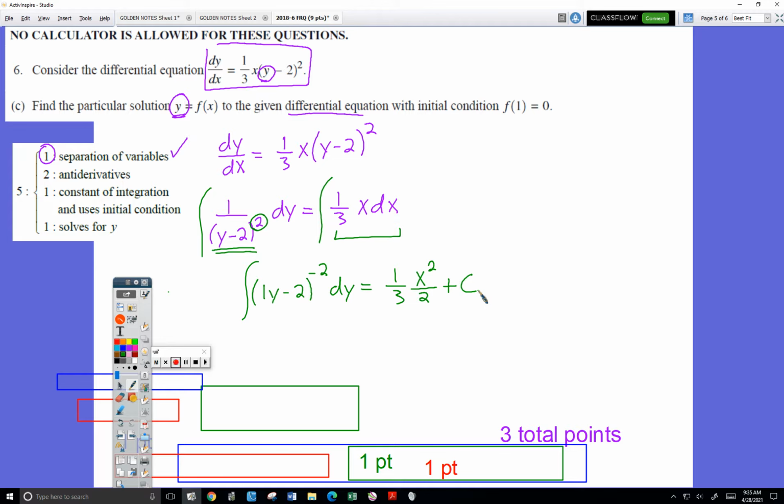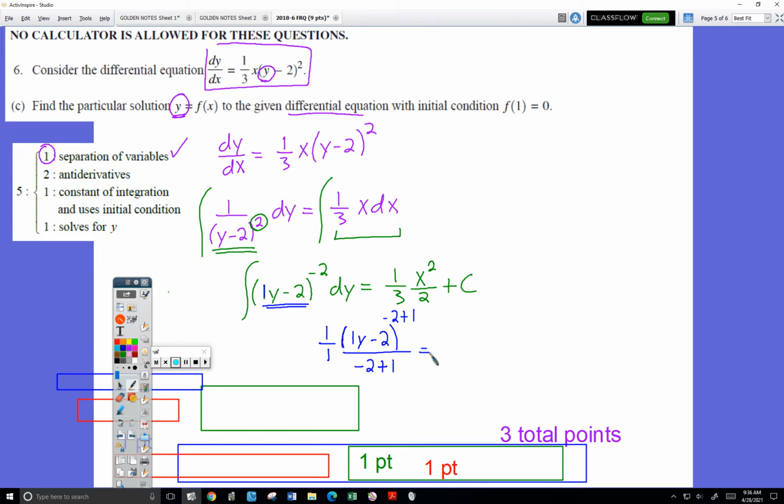So I keep going here. This is the ax plus b rule with the power rule. So that's going to be 1 over a. Here's my a. Ax plus b. y subtract 2 to the negative 2 plus 1, all divided by negative 2 plus 1.